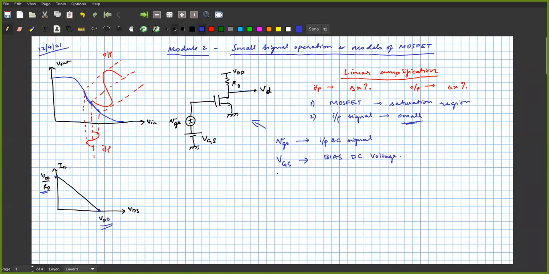This you already know, right? And when I take the signal here, this I will write as VGS, capital V, small g and s. So this is actually this VGS plus this VGS, right? So this is your actual instantaneous voltage.